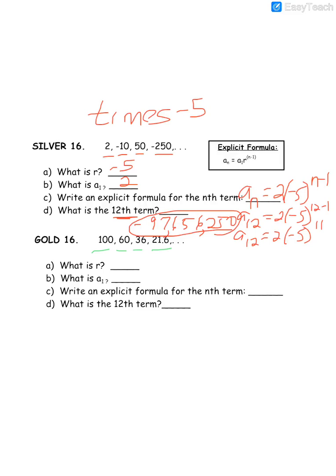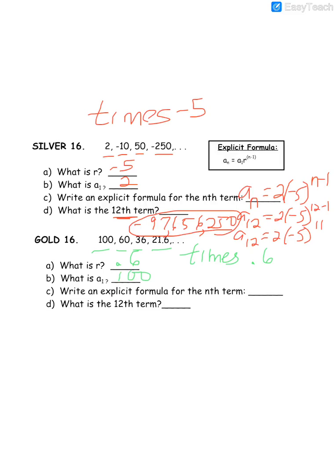I get 0.6. So 100 times 0.6 gives me 60. 60 times 0.6 gives me 36. 36 times 0.6 gives me 21.6. So my pattern is that I'm multiplying by 0.6. That's my r. What is my a sub 1? It's 100.